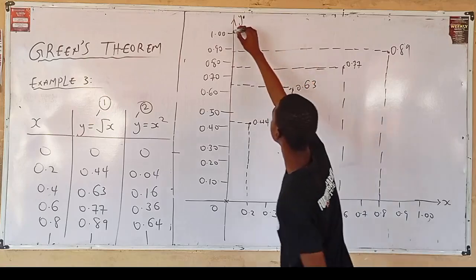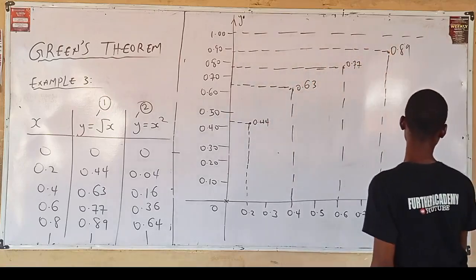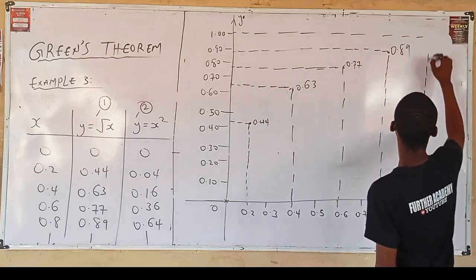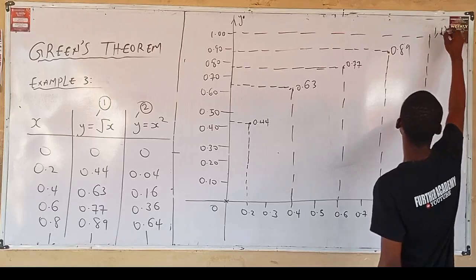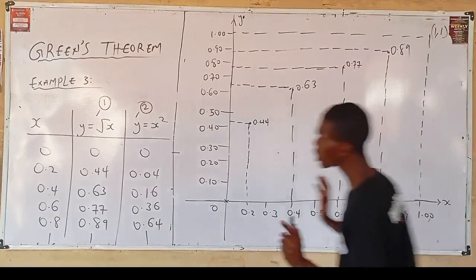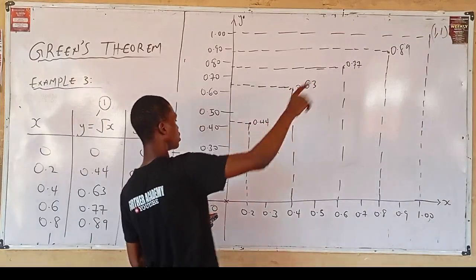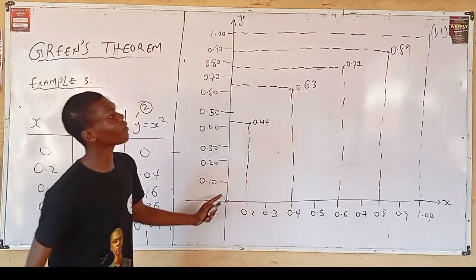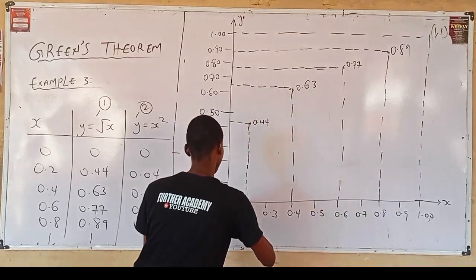So this is 1 comma 1. Now from here, join this coordinate with a straight line. From here, I'm having a curve, right? So let's join. I'm having something of this nature.